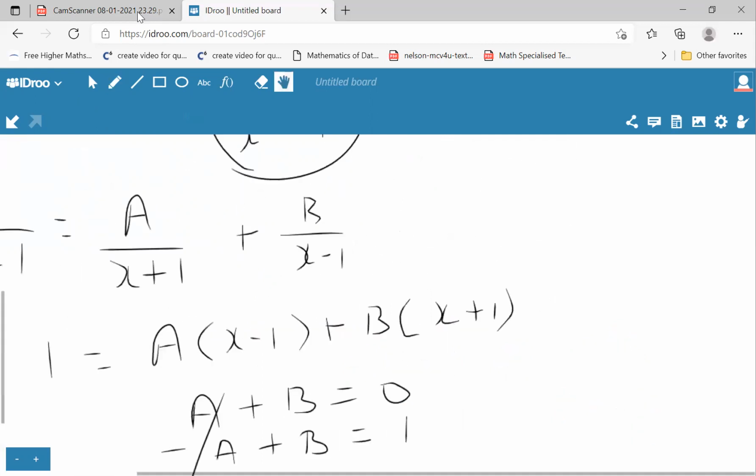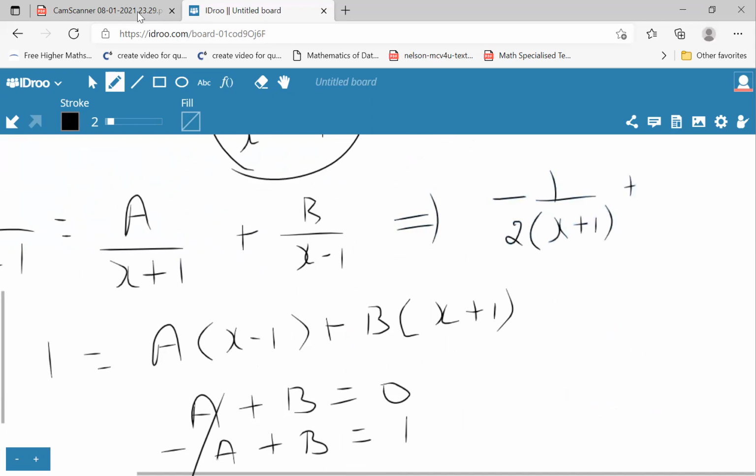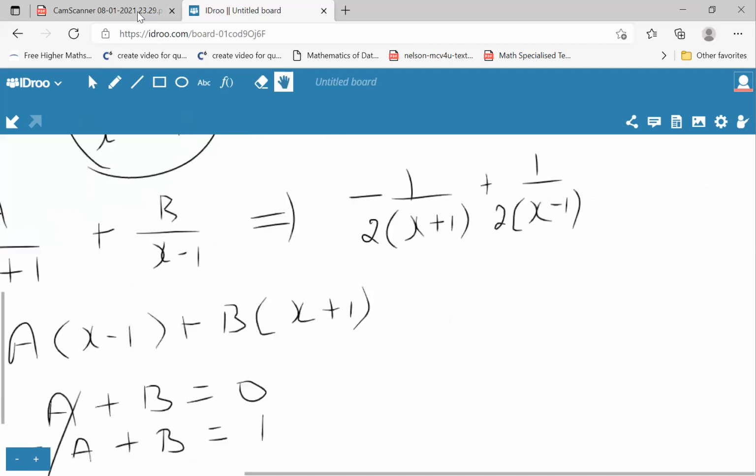Now substituting this value, a is nothing but minus half, so minus 1 by 2 into x plus 1, plus b is half, so 1 by 2 into x minus 1. Now we have all the values.